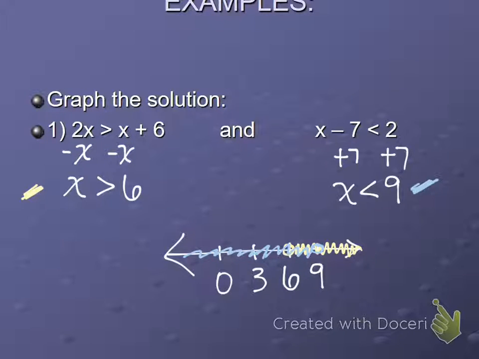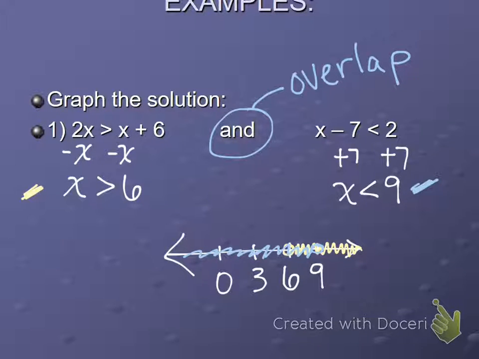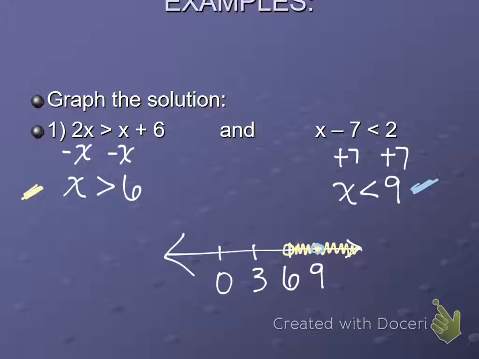So now to graph my final answer, the reason why I said I would have to erase some is because for an and inequality, we only want the overlap, or where both of them are true at the same time. The only place it overlaps is in between those 2 points. So now that I see that, I'm going to go back and take away, didn't plan that very well, take away what I drew and only graph the overlap.